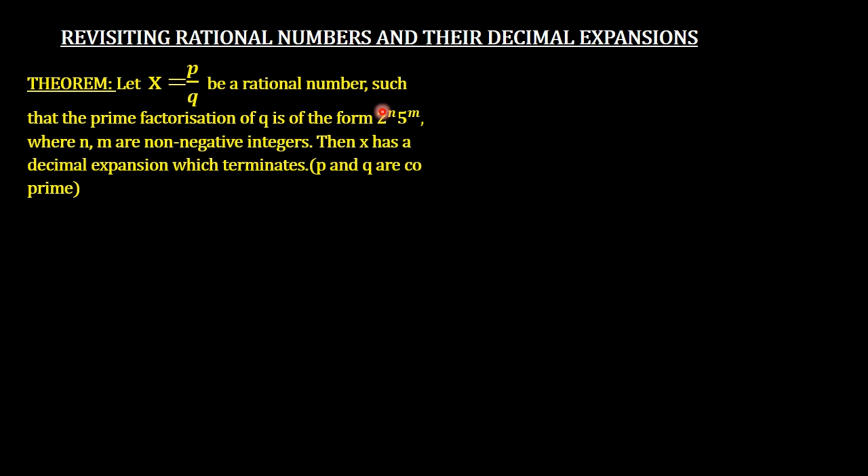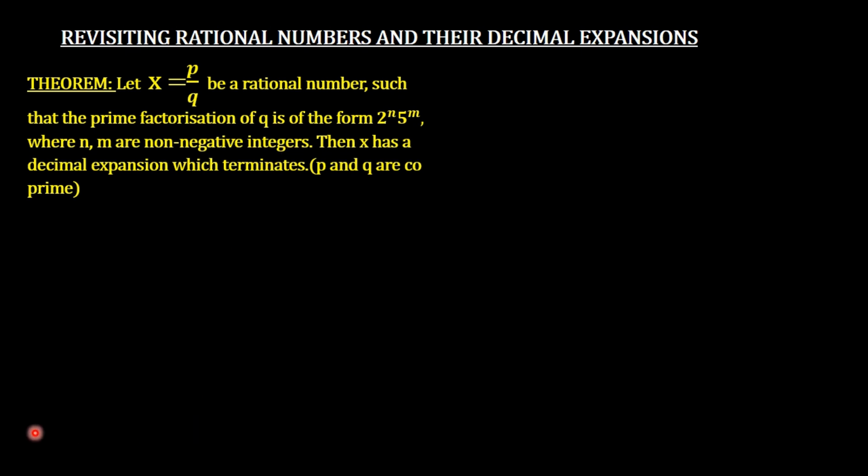Here we are studying the reverse: if x equal to p by q is a rational number such that p and q are co-primes and the prime factorization of q is of the form 2 raised to n into 5 raised to m, where n and m are non-negative integers, then x has a decimal expansion which terminates. If x is of the form p by q and q has only prime factors 2 and 5, then its decimal expansion will automatically terminate. That is the reverse of the previous theorem.